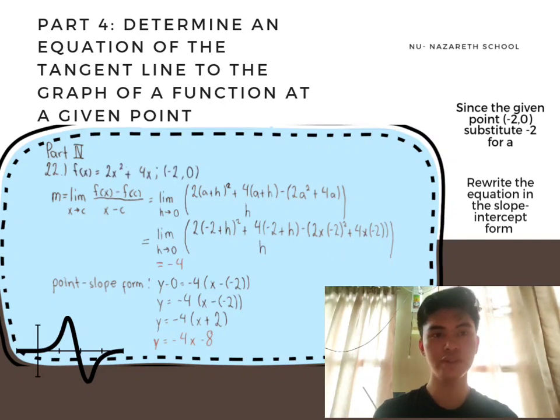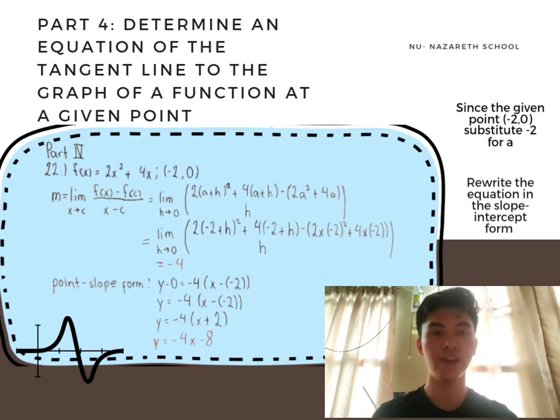So the point slope form is y minus 0 equals negative 4, open parenthesis, x minus, open parenthesis, negative 2, close parenthesis.